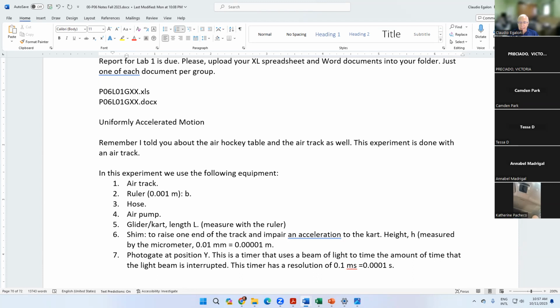Okay, 10,000ths of a second. That's the resolution of the photo gate. Think about that. Our watches, our timers in the cell phone, have a resolution of 100th of a second.